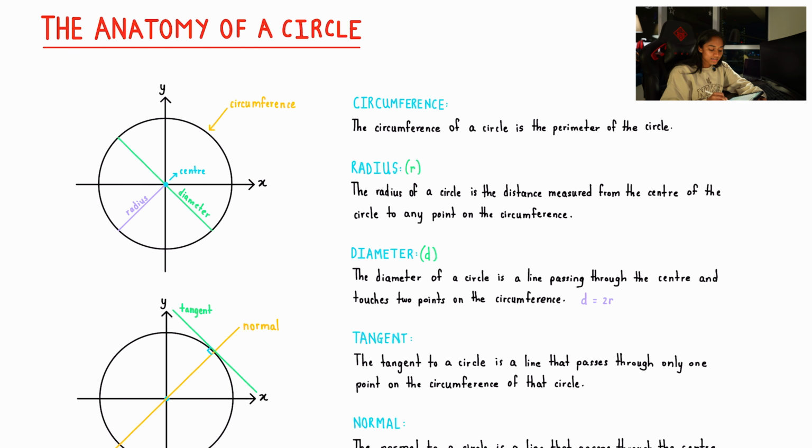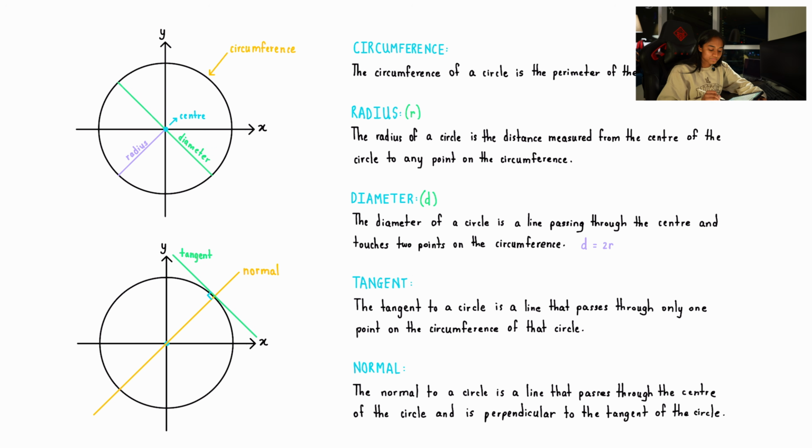Then we can look at the tangent to a circle. The tangent to a circle is a line that passes through only one, and I say only one, point on the circumference of that circle. So this is a tangent, this is a tangent, this is a tangent, as long as it passes through only one point. And if we had a line perpendicular to that tangent, we call that the normal.